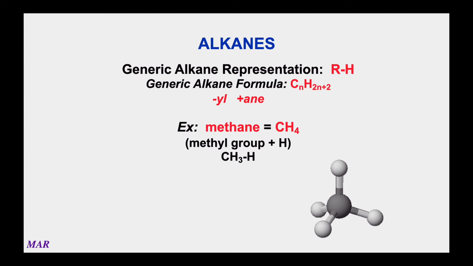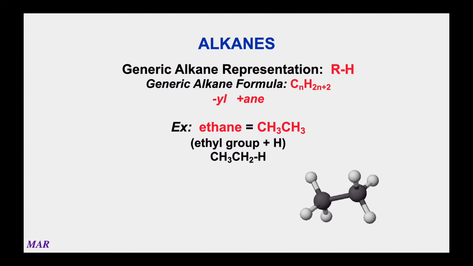But this is just a class or family of compounds, and this R was methyl, but you don't have to use methyl. You could use ethyl. Ethyl minus YL plus ANE would be ethane, and an ethyl group plus a hydrogen would be the formula for ethane.